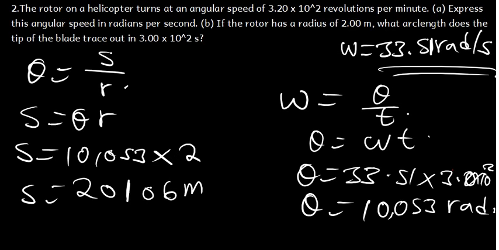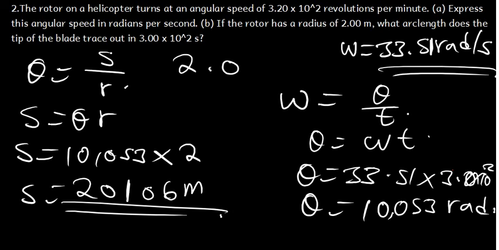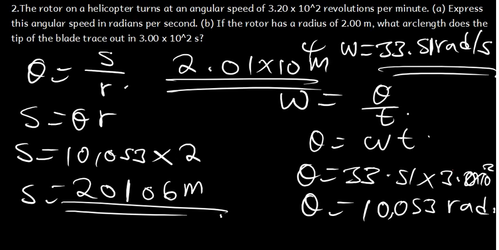Okay, that is our arc length. If you want, you can put it in scientific notation, where you say this is the same as 2.01 times 10 to the power 4 meters. So that is it for the introduction of circular motion.